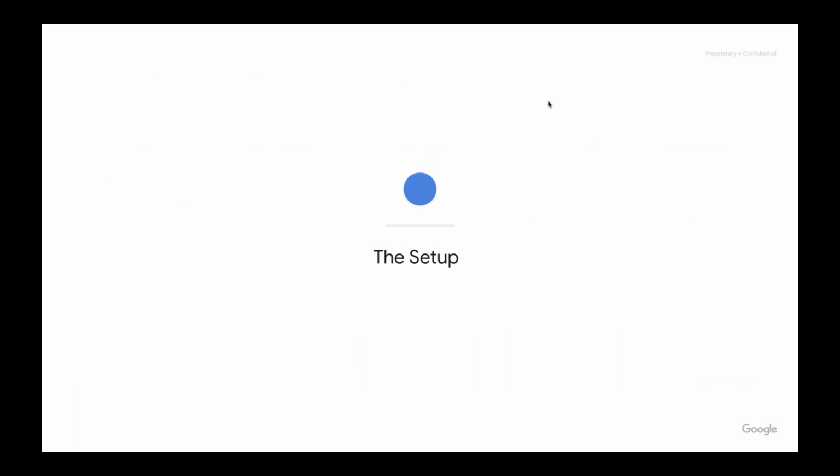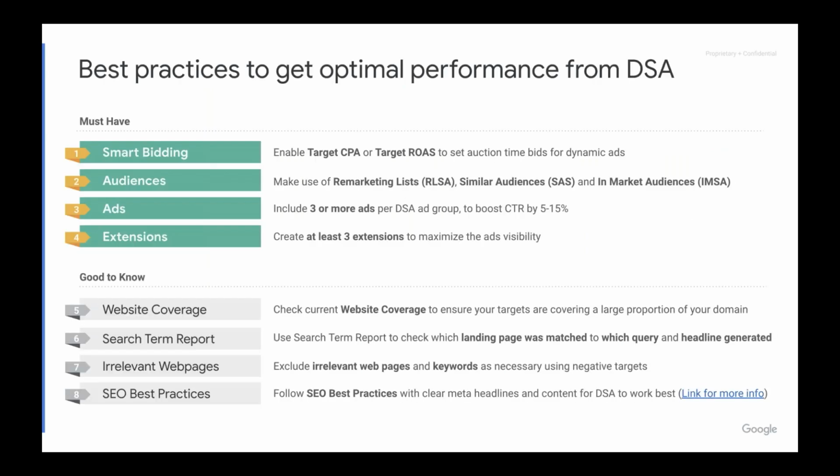So how do we set it up? There are must-have things here, and then things that are really good to know. Definitely the must-haves first. The idea of creative formats, responsive search ads or RDAs, and then DSAs here is that yes, they're all dynamic ones, but they share one really important key. They will work well if you combine them with a smart bidding programmatic element.